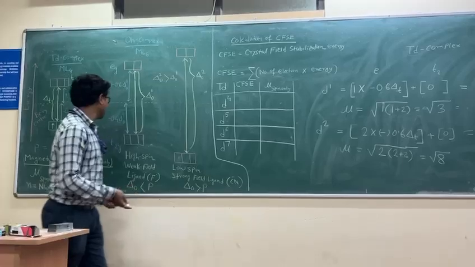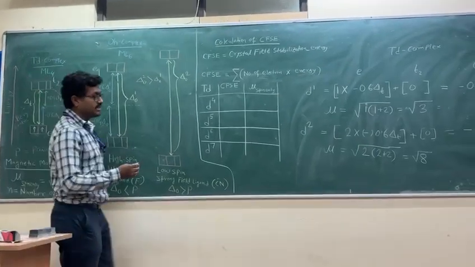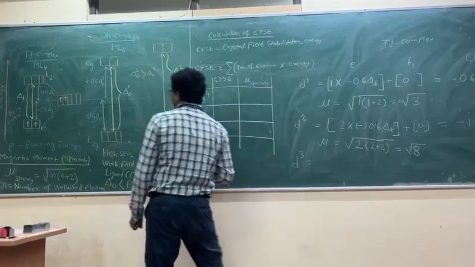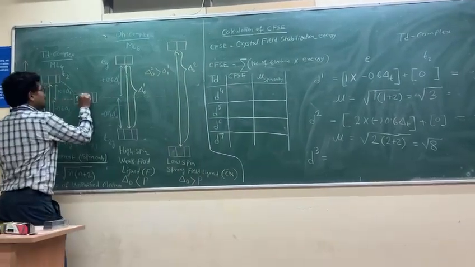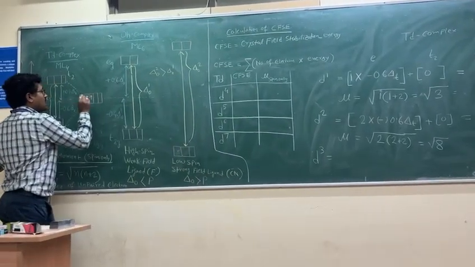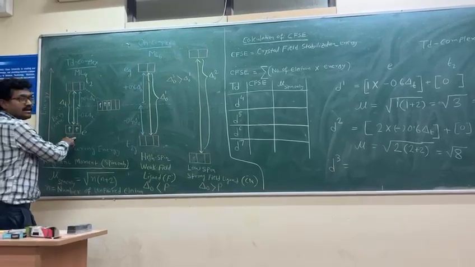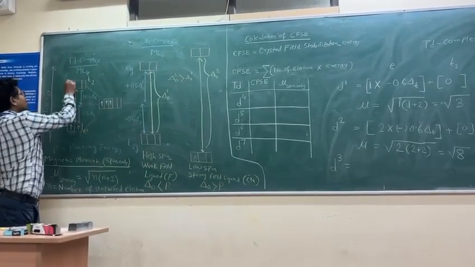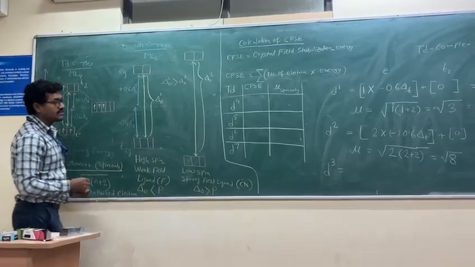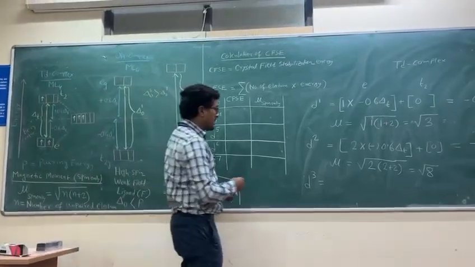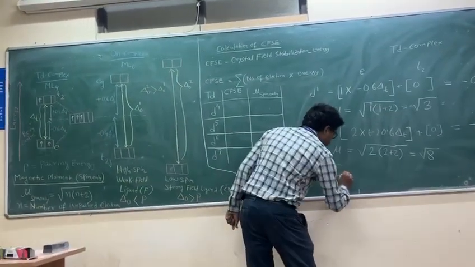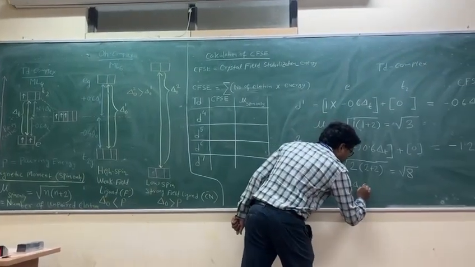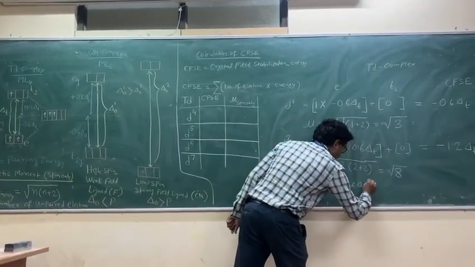Now if there are 3 d electrons, in case of D3, the CFSE value will be, D3 means it's the third electron. Now this third electron cannot come to the E level because E level is filled. Now it will go to the T2 level. Right? Now this CFSE value will be number of electrons in the E level is 2 into minus 0.6 delta T. Completed.